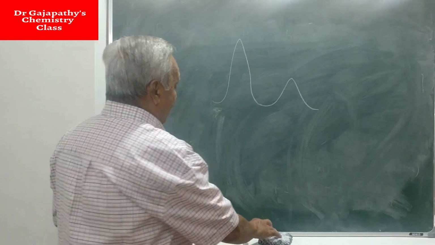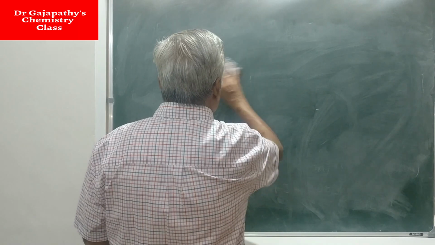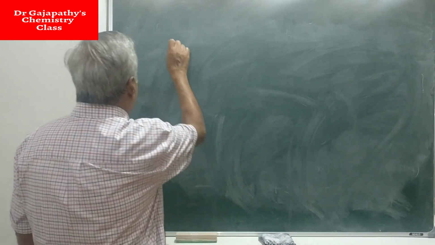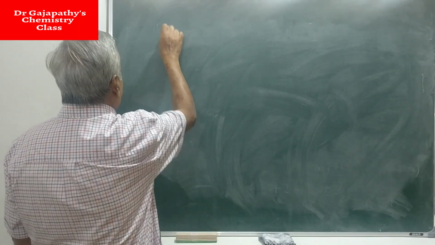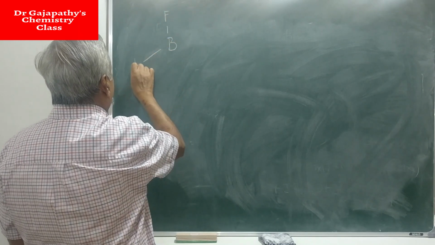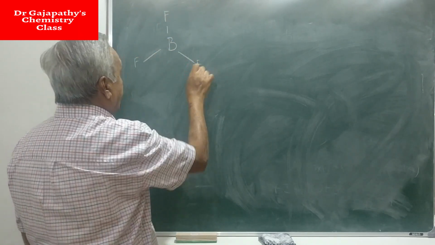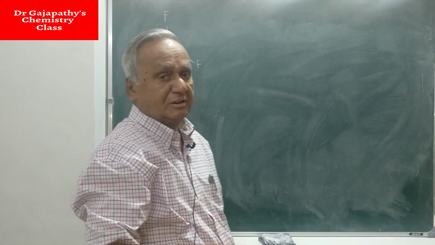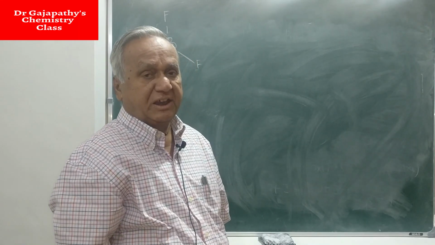Say for example, I have a molecule like BF3. It is a planar molecule belonging to D3h symmetry.